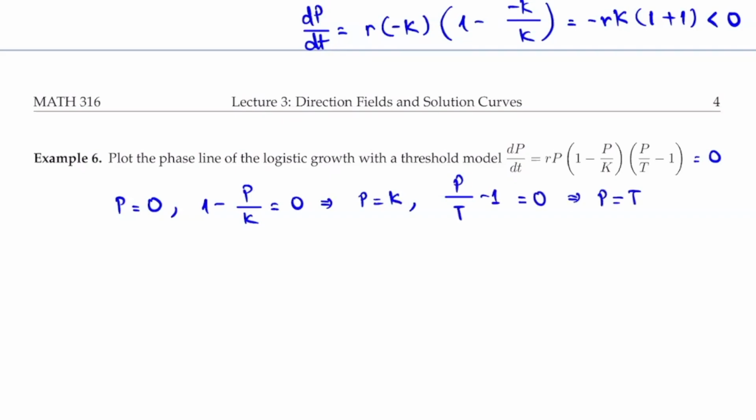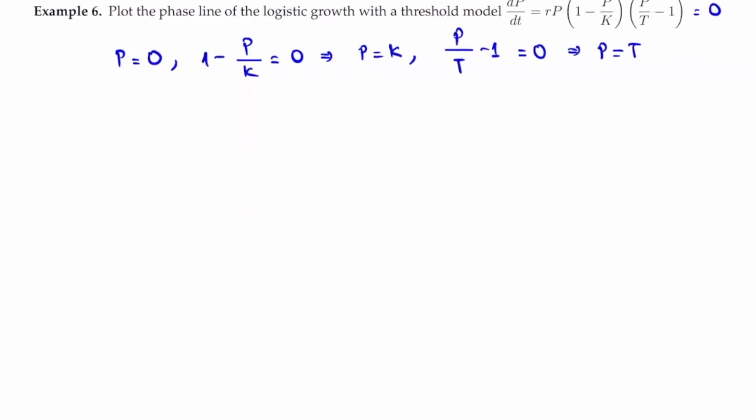P is the population, k is the carrying capacity, and t is the threshold. All right. Now you draw a phase line. This is the p-axis. You have three equilibrium points or three equilibrium solutions. One is 0, another one is t, and another one is k.